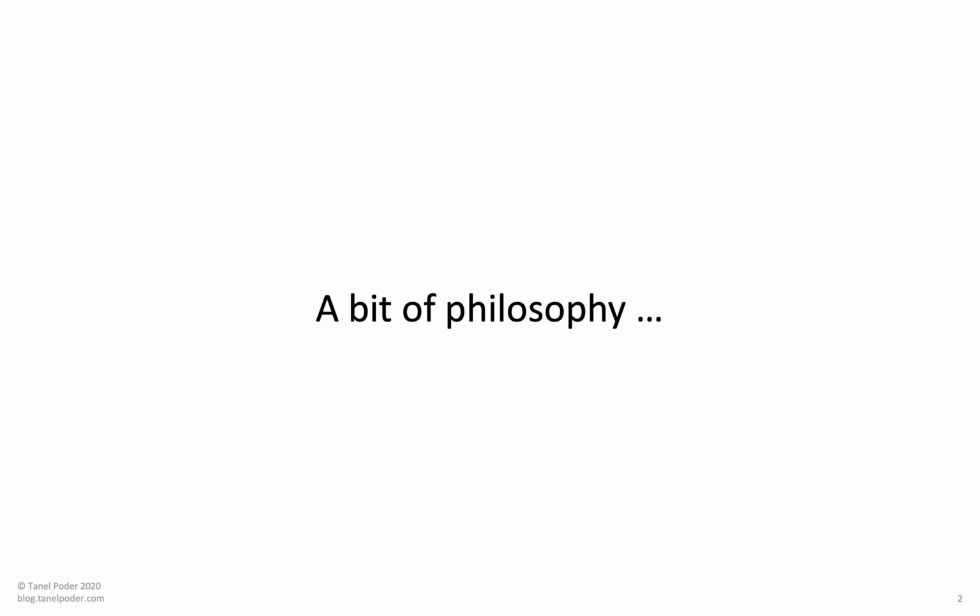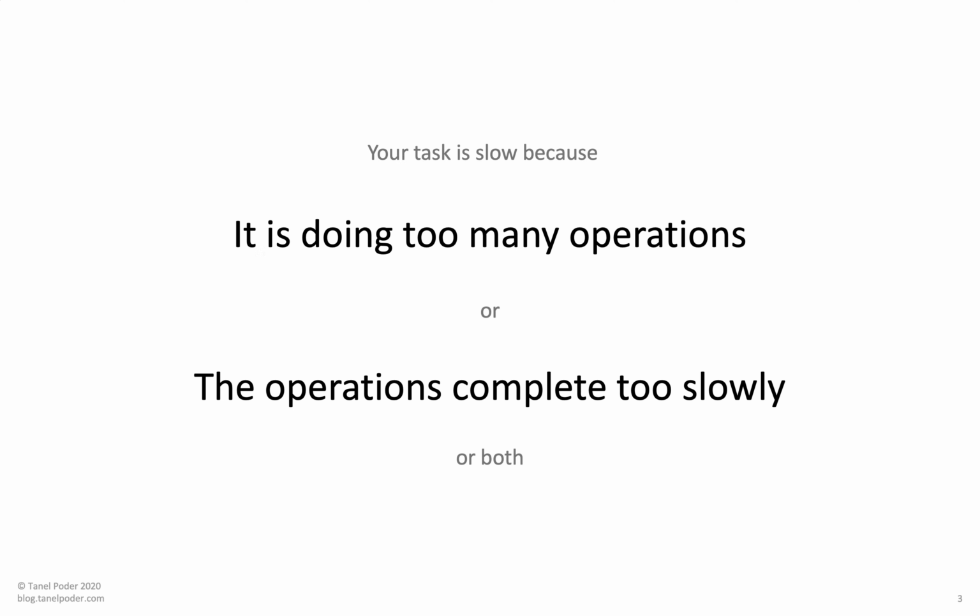So a bit of philosophy in general. This is very, very high-level philosophy in a sense, but it's very relevant for computer performance. If anything is slow, like you're not happy with how fast your report is running, there are two classes of reasons, or you can break it down in two ways.